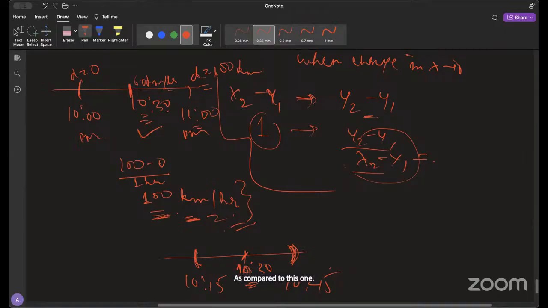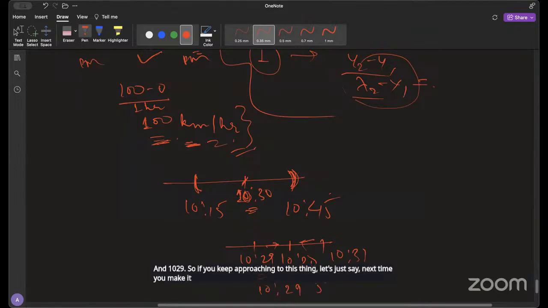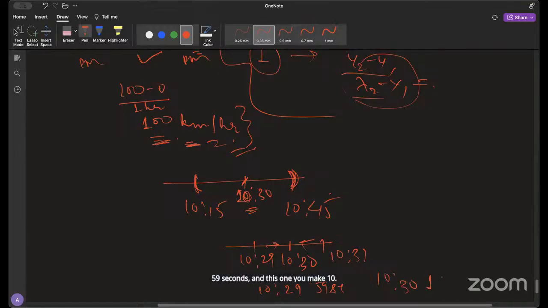Do you agree? Is this fine? Yes. And if you make it even shorter, let's just say this is 10:30 and you do 10:31 and 10:29. So if you keep approaching, let's just say next time you make it 10:29 and 59 seconds, and this one you make 10:30 and 1 second. So you're so close to this point.